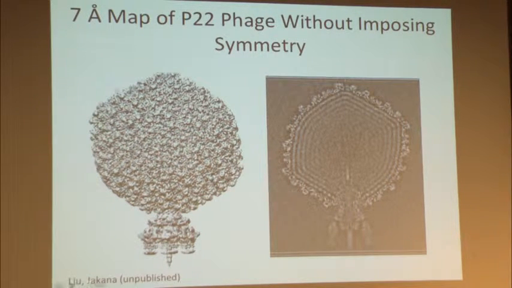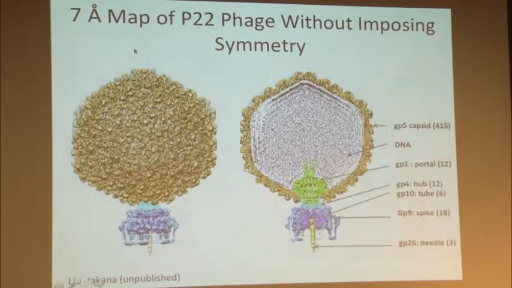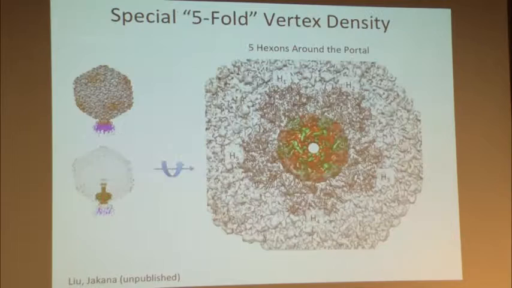In this particular case, we have done only around 7 angstrom resolution, and this is a cross-section of this density. We actually have 1, 2, 3, 4, 5, 6 different proteins. They're different copies, so it's very complex at this particular portal. I just want to use the next few slides to quickly show you the complexity.